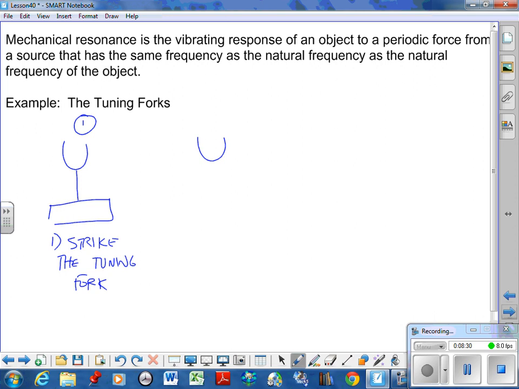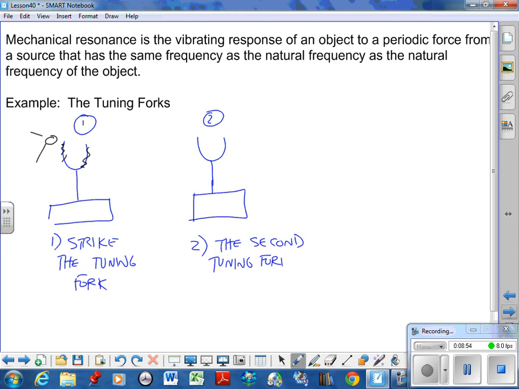Then a second identical tuning fork over here. Okay. So you strike this one with the hammer. It creates the vibration. Sends the waves out. The second tuning fork will begin to vibrate. And again, something you should have already seen if you've done the demo or the lab. It's something that you should have expected.